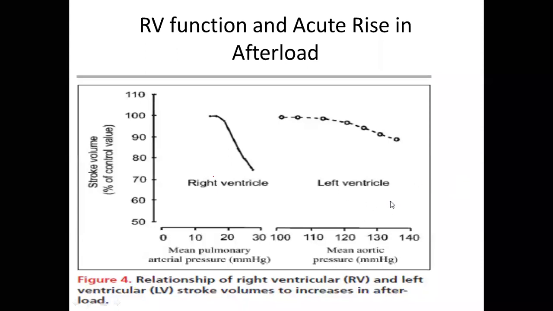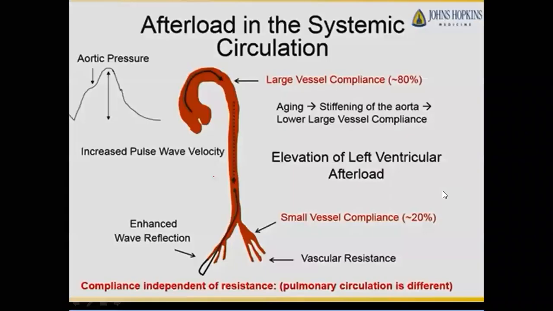The difference is quite visible. What is the reason for this difference? When you see afterload in the systemic circulation, there are two things when we discuss afterload: compliance and resistance. The major resistance in the systemic circulation is at the arterial levels, down in the tissues.